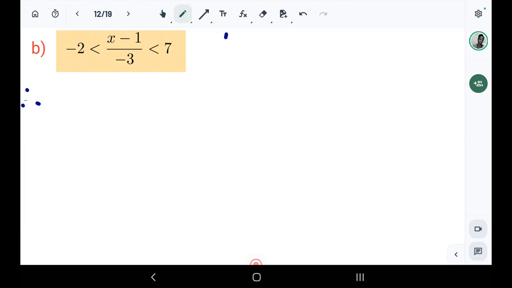So step number one, find your lowest common denominator. In this case, our lowest common denominator is -3. So what you do is you multiply all sides, including the middle, with that -3. But notice something. You are multiplying by a negative number.